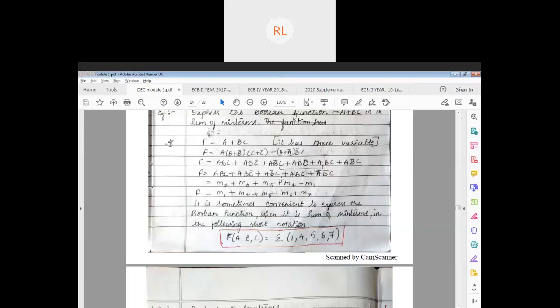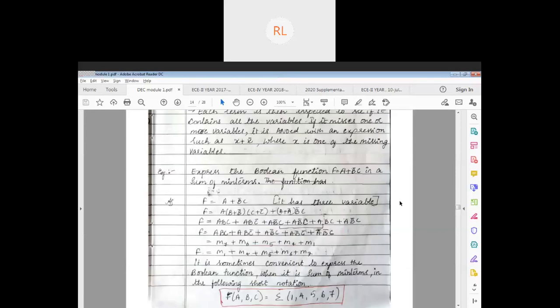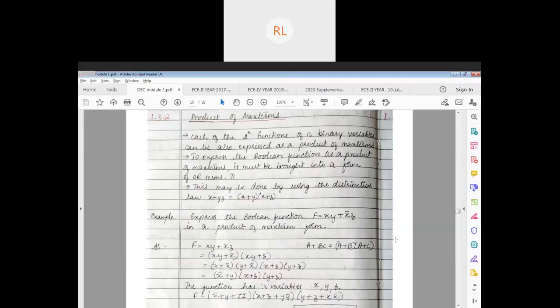Make a rough working space towards your right hand side or somewhere, and you can represent it 1, 1, 0, and then you can put it as 6. Similarly, 1, 0, 1. So you can put it as M5, right? So this is how we work out with our equations.